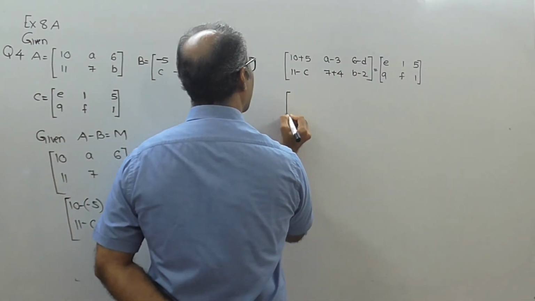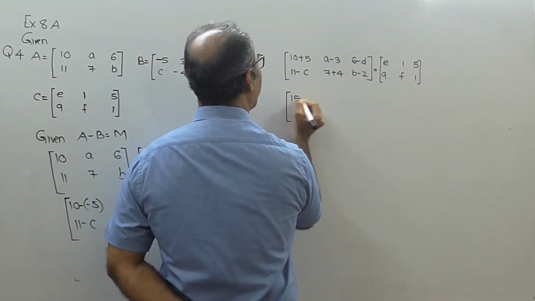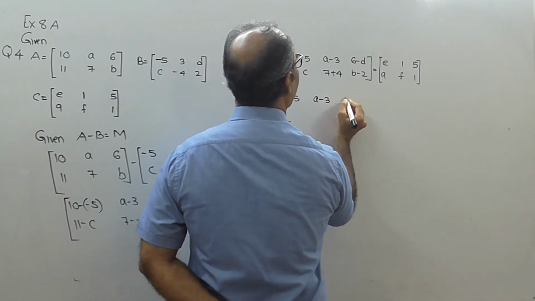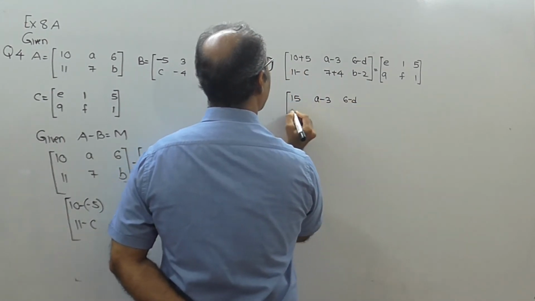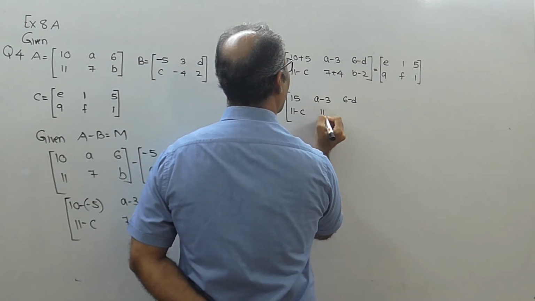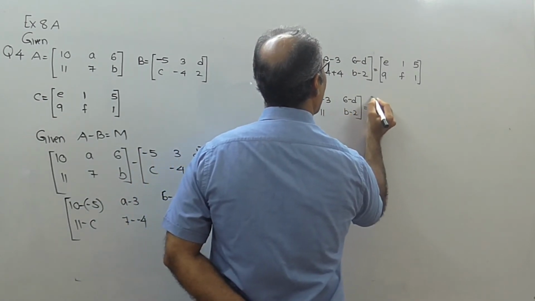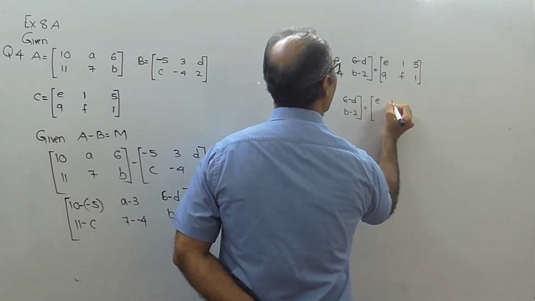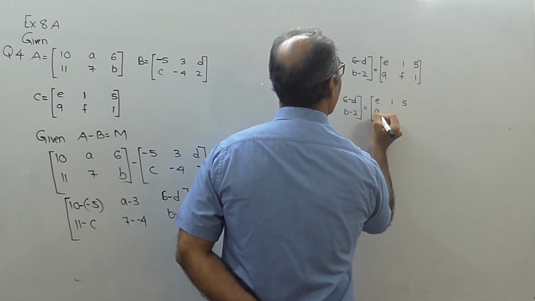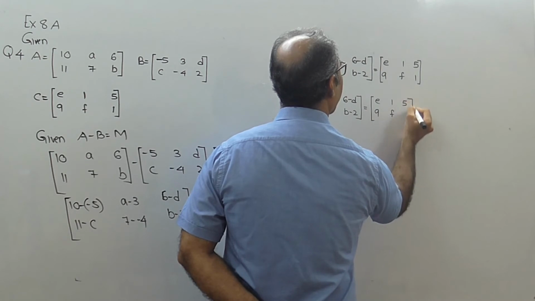So this becomes 15, this becomes a minus 3, 6 minus d, 11, b minus 2, this is equal to e1, 5, 9, f1.